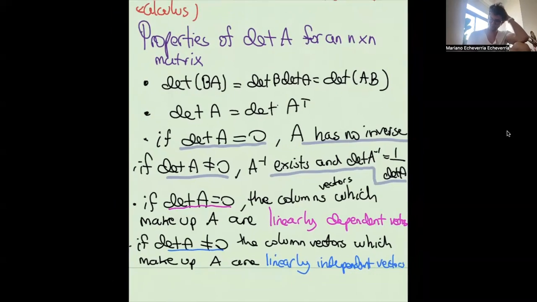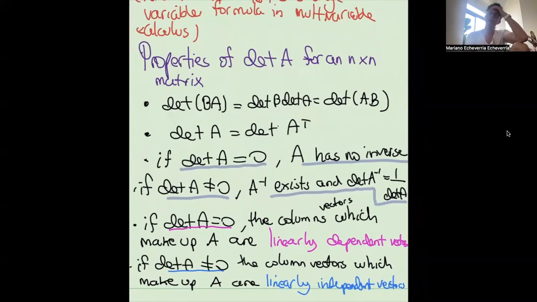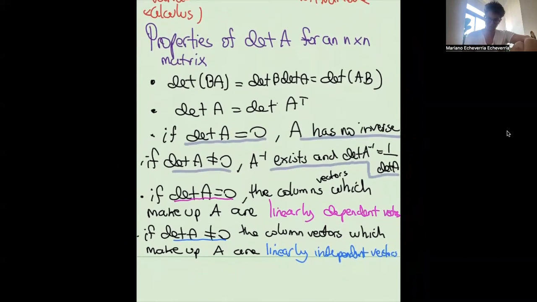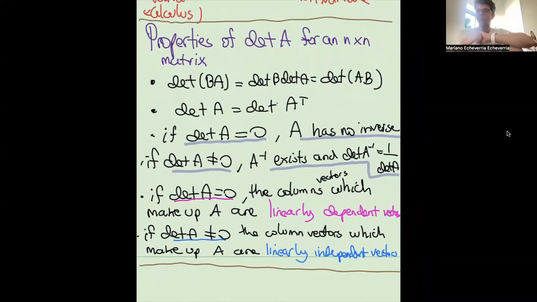Okay. So these are the main properties of the determinant. There are a couple more properties, but the ones that everyone should really memorize, the key properties, are these.